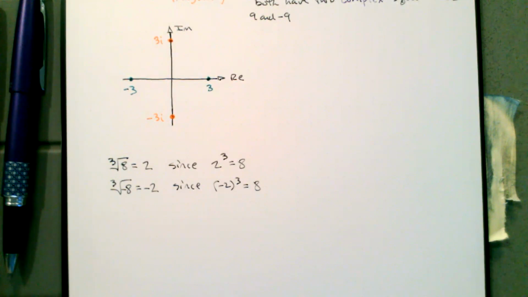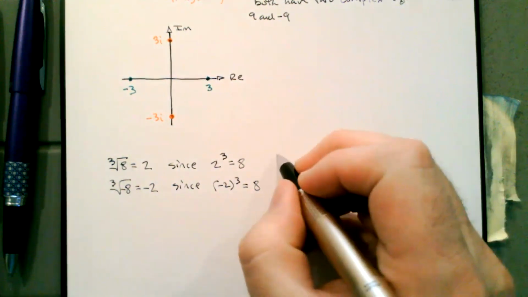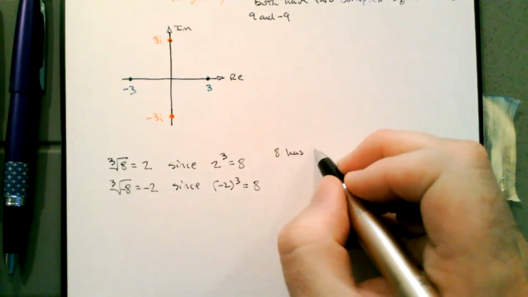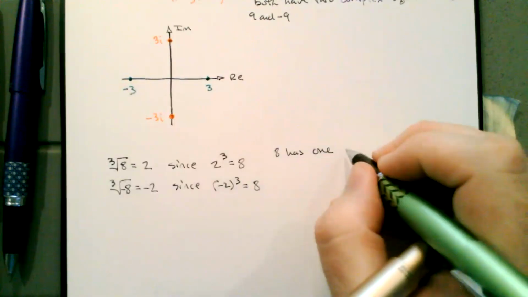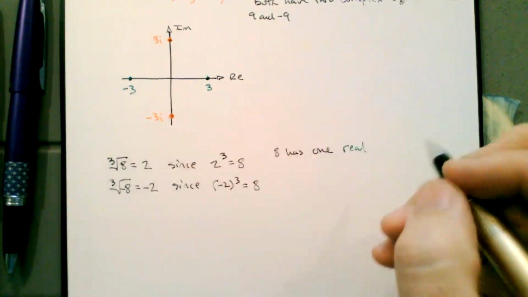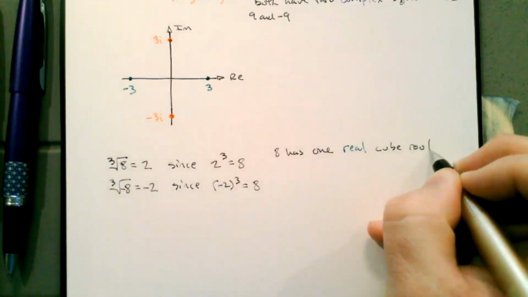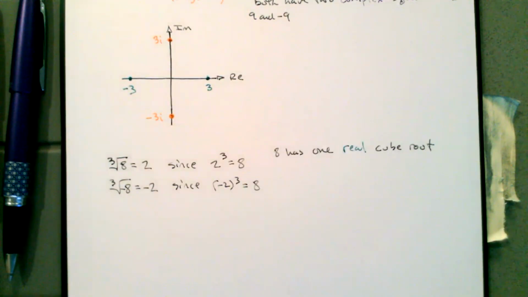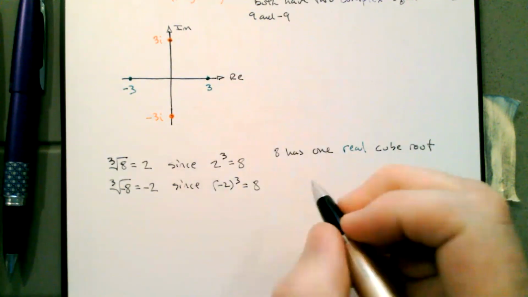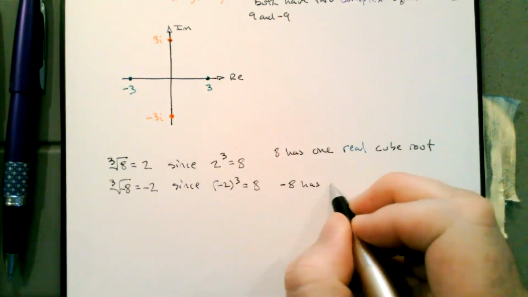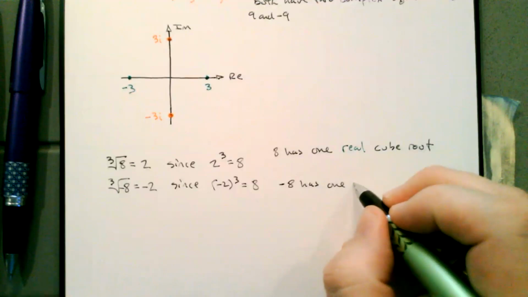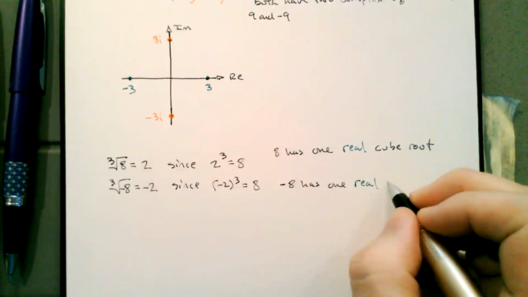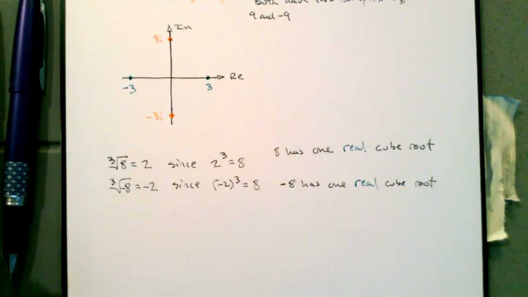So we'll say 8 has one real cube root, and -8 has one real cube root.